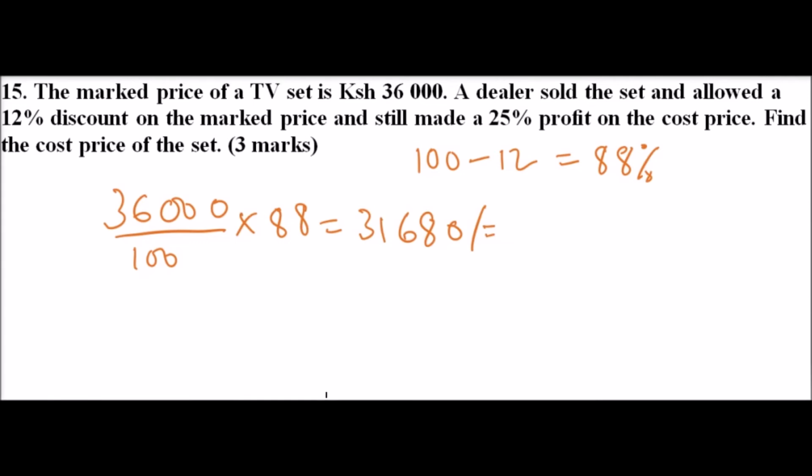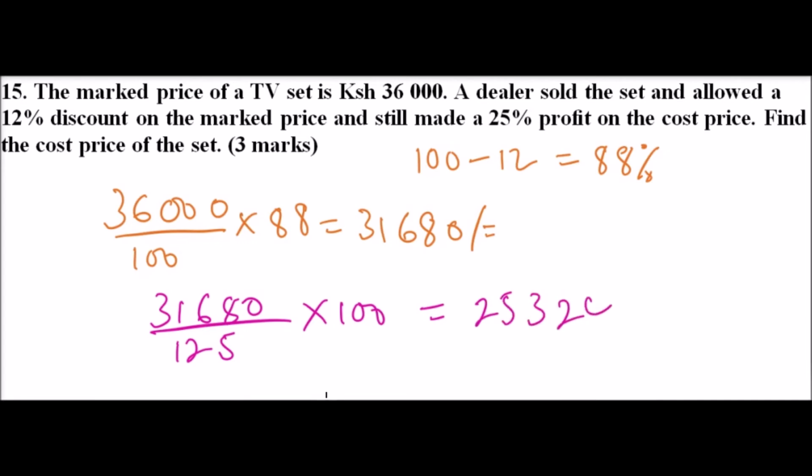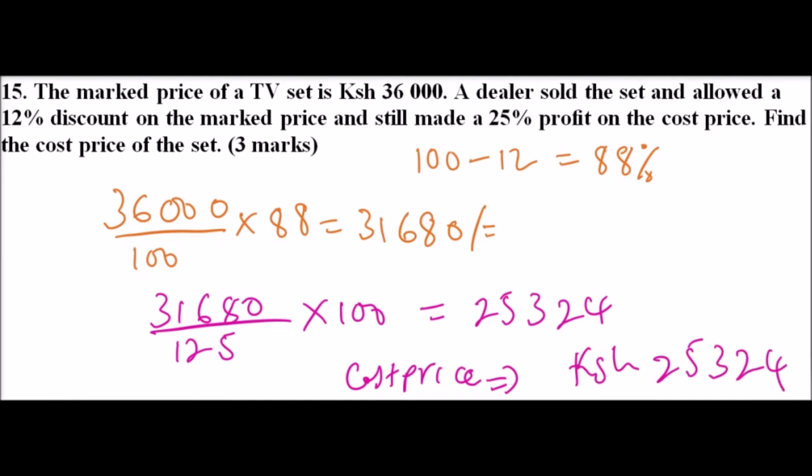So it means you divide that 1,680 by 125, because this is the percentage profit he made of 25%, and you multiply by 100, so that will give you 25,324, implying that the selling cost price is equal to Kenyan shillings 25,324. So that's how you work out that question.